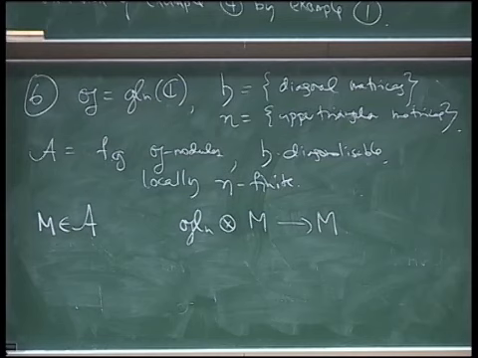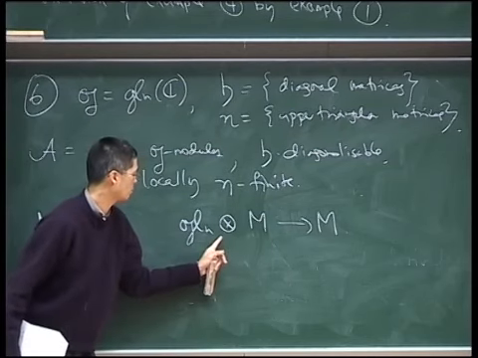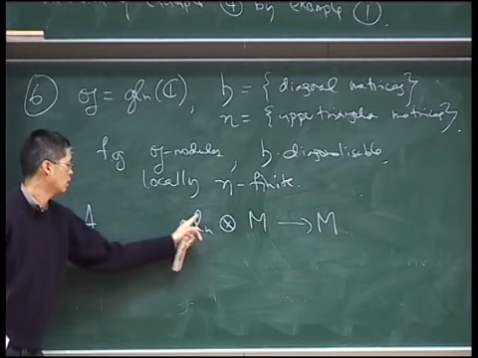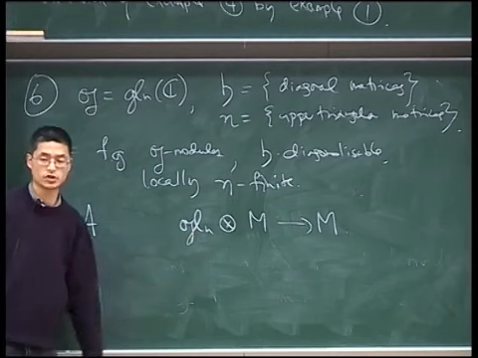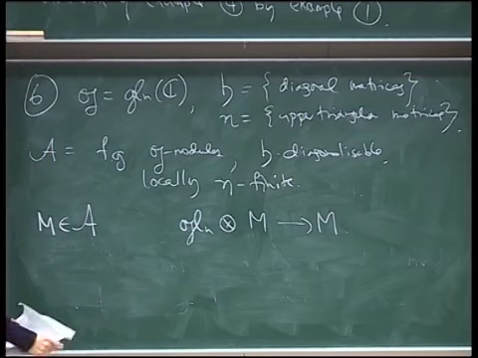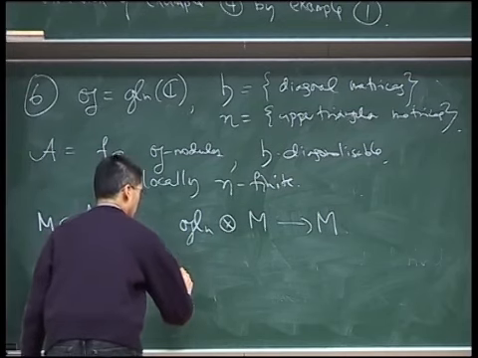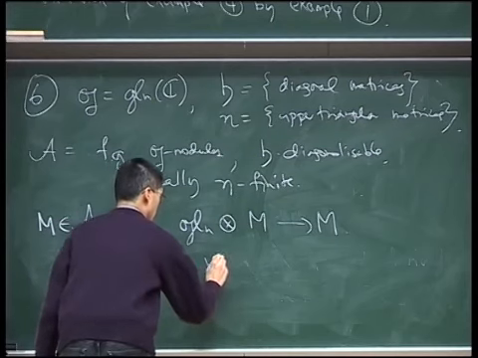Okay, I can also view this action map as a map of GLN modules, where I view GLN as the adjoint representation of GLN. And when I do this, I can rewrite GLN as the tensor product of the natural representation with its dual.